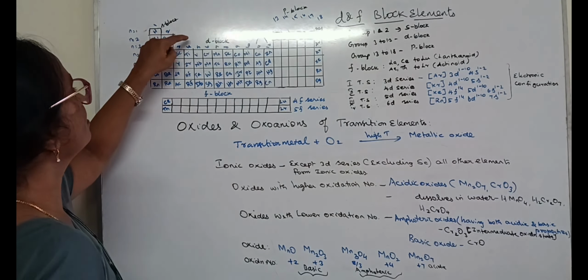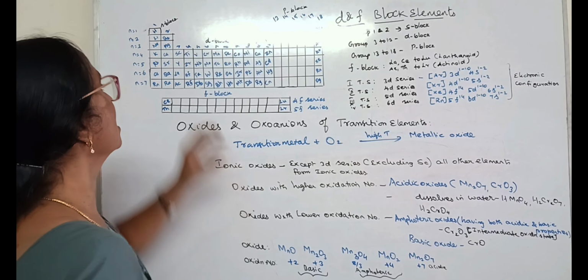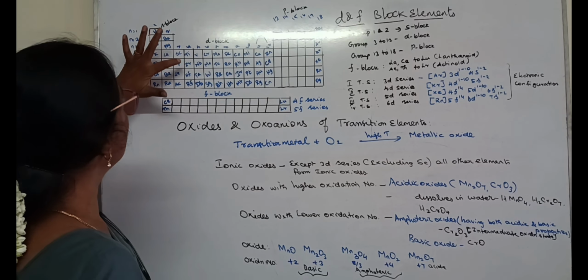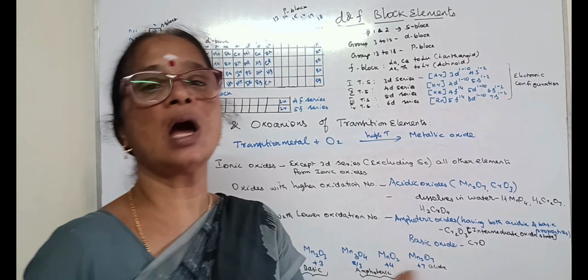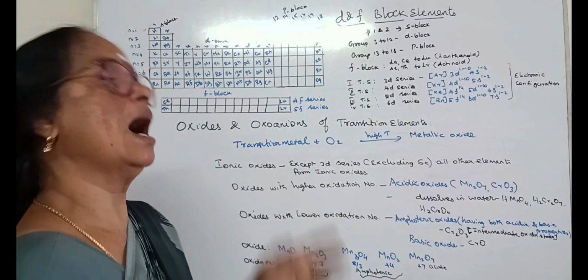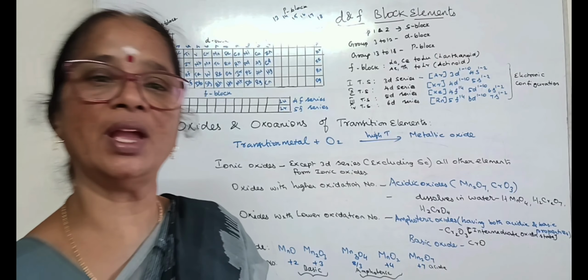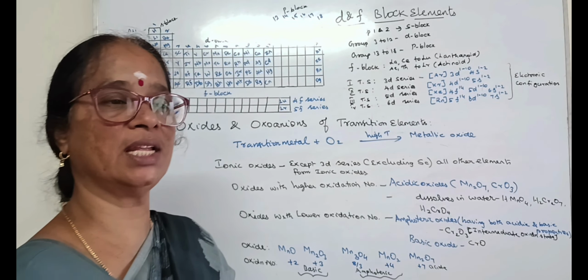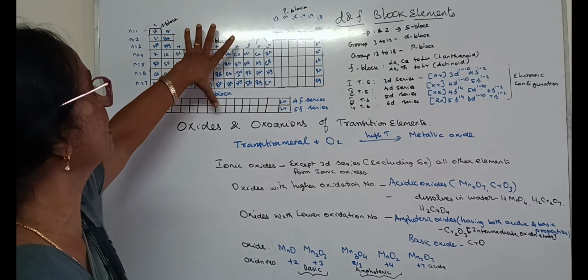When we compare the four different transition series of d block elements, except the 3d series, the other series 4d, 5d and 6d form more ionic oxides. These transition elements form variable oxidation states, and the oxidation number varies from +2 to +8 considering the entire d block.